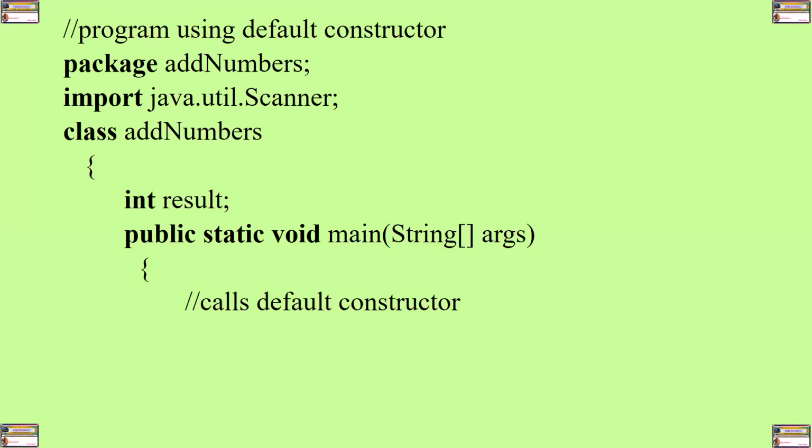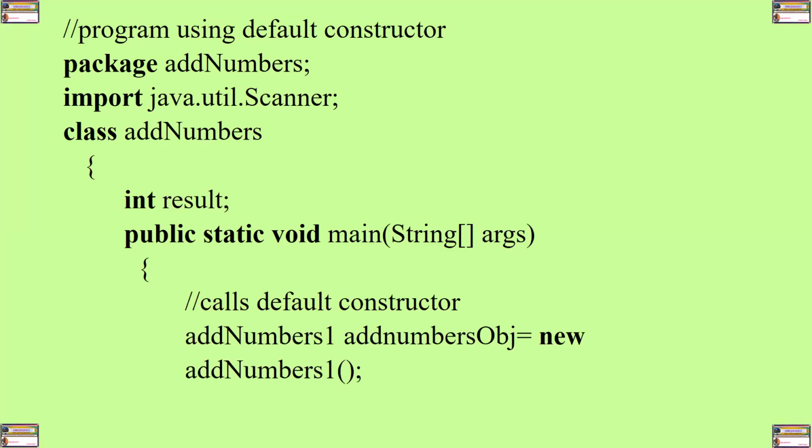The main method here is invoking the default constructor. Now, the statement we have here is that we are declaring an object called addNumbers object, which is of the class called addNumbers1.